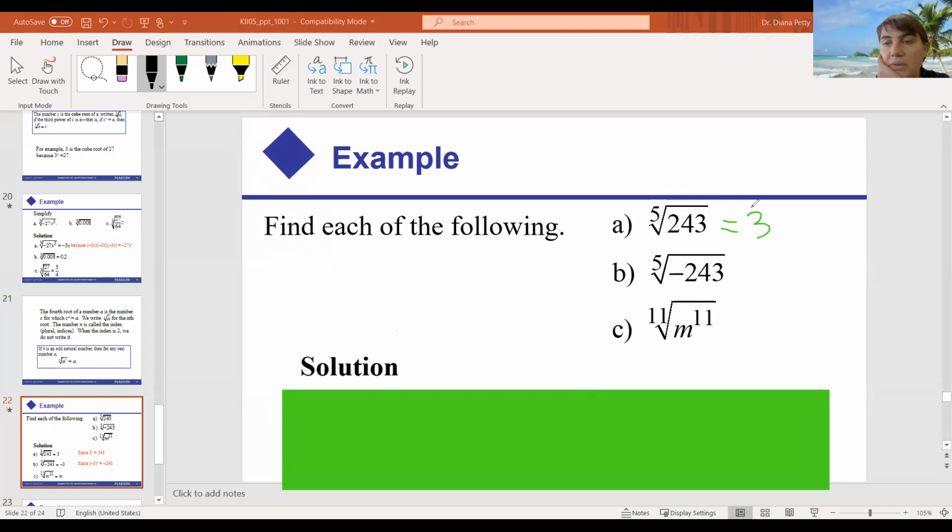How about B? You can say what it is without doing anything now. That's right. How about C? It is the same, right? Because this equals this, so it just comes out. Oh, cool.